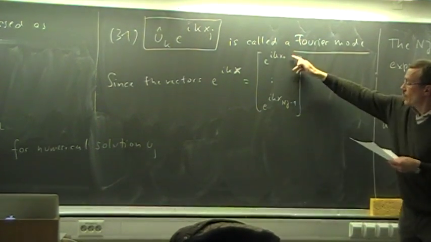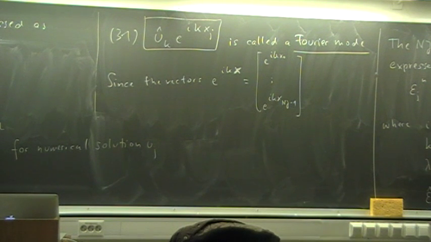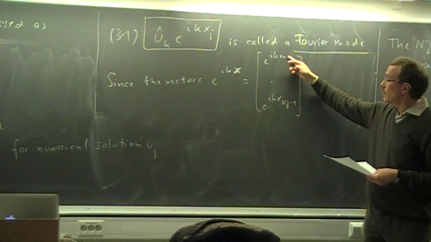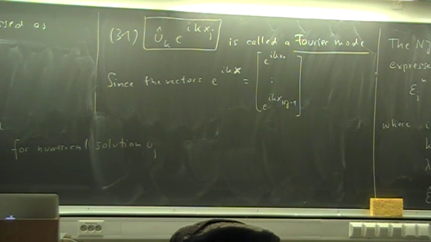So here we start with the x0, we go to n_j minus 1, but remember the x n_j is the same as the x0. In our case, the x0 would be 0, and the x n_j would be 1. But this is an n_j vector.